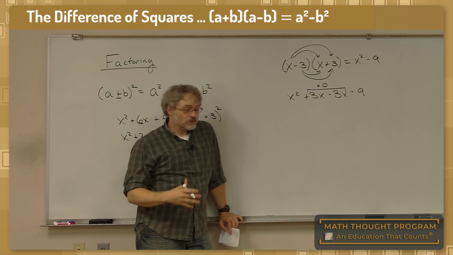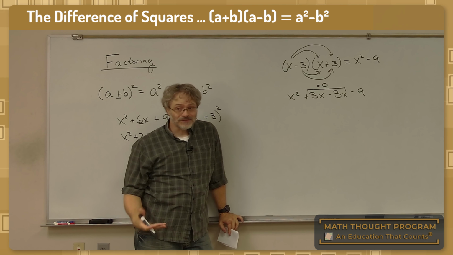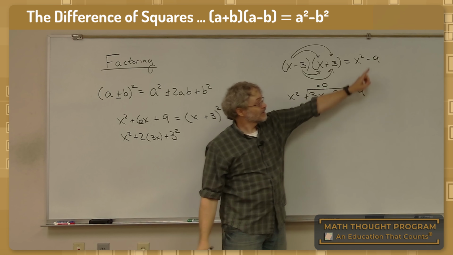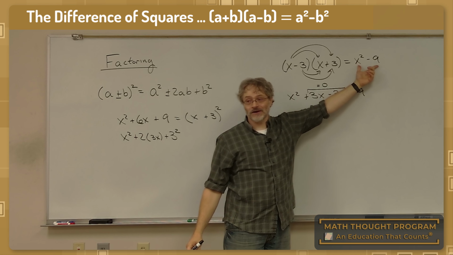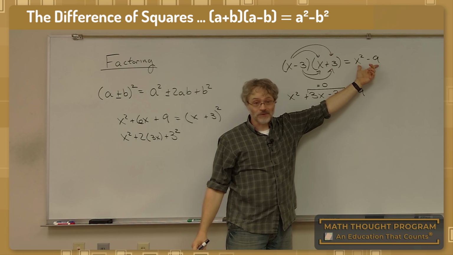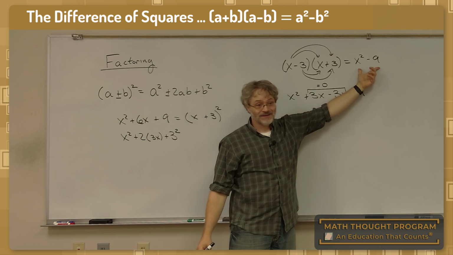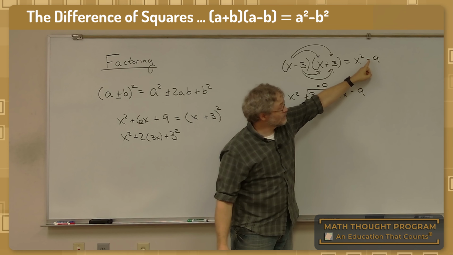Now, this corresponds to a certain identity. You might have heard it before, but it's called the difference of squares. And you'll never guess why it's called the difference of squares. It might be because we're taking the difference of squares.